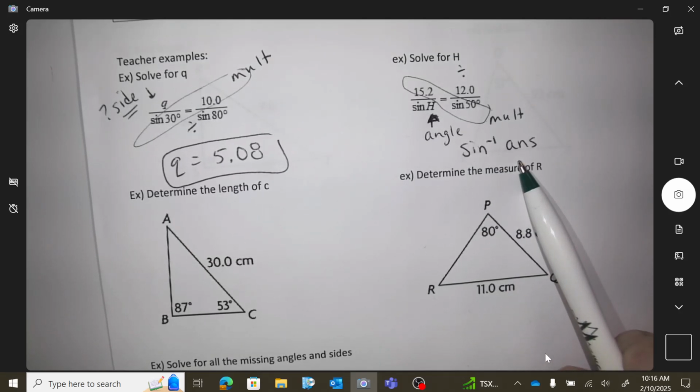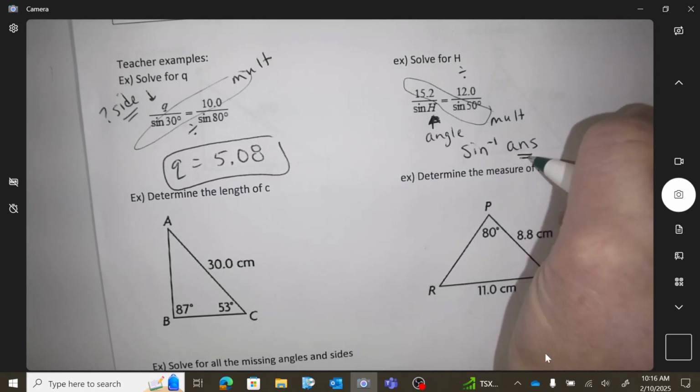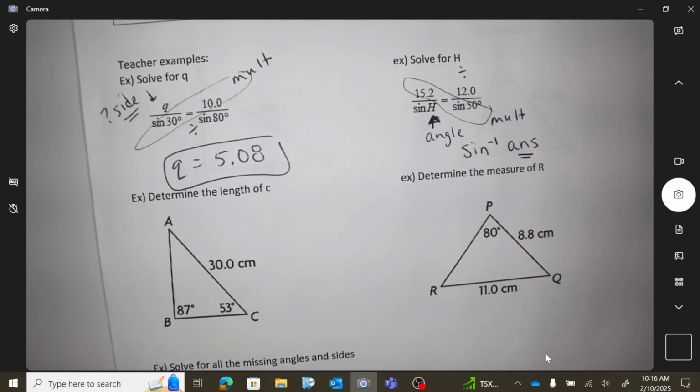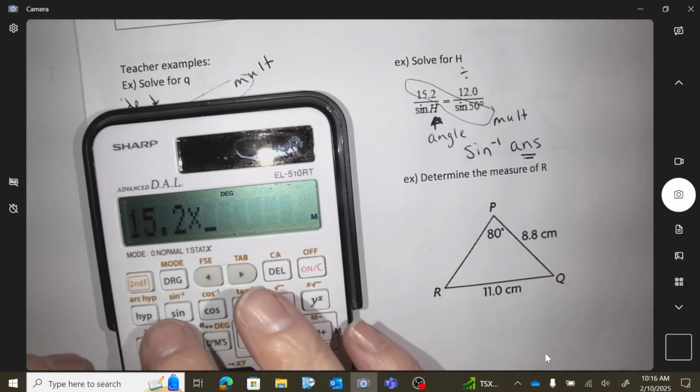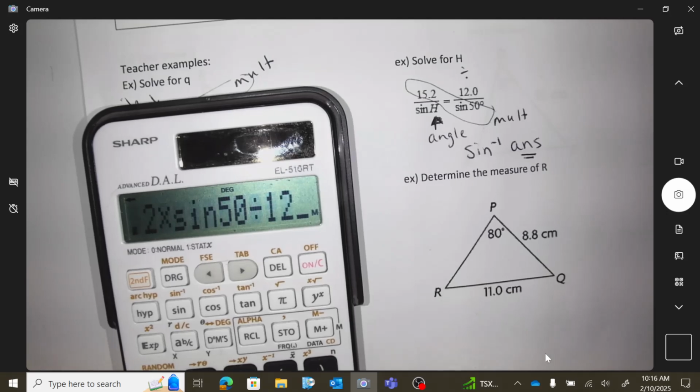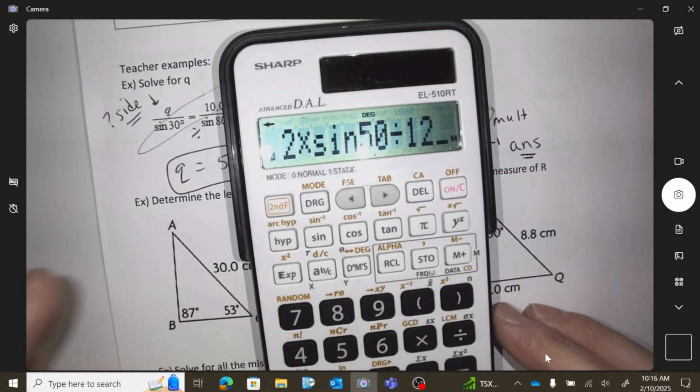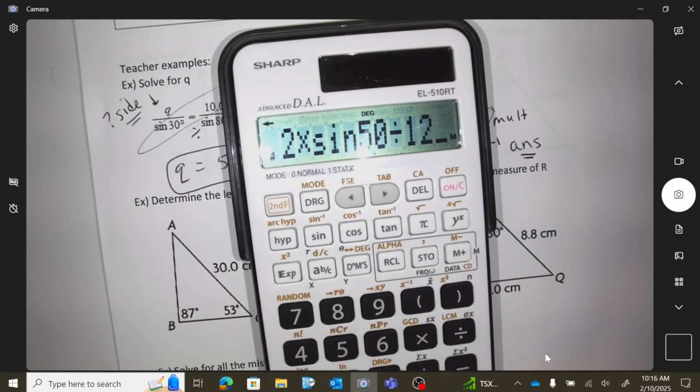That's the rule: if you get an angle, you have to push inverse at the very end on your calculator. You should use the answer button because it saves you time. You should never retype stuff, that's just a time waster, and it avoids rounding errors as well. So times diagonal, divide by lonely.